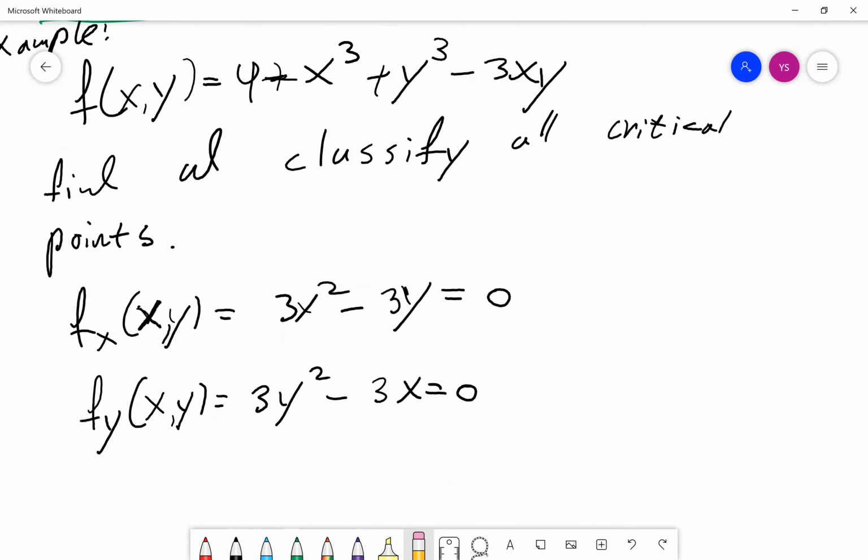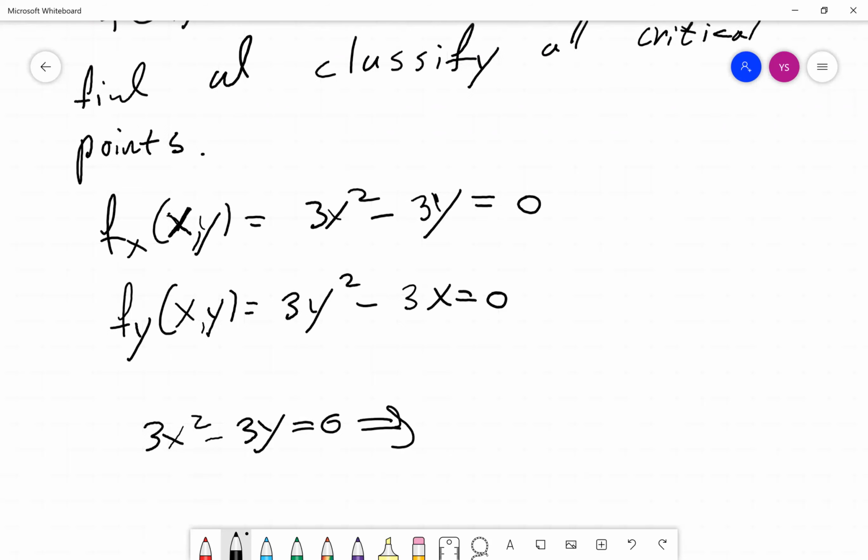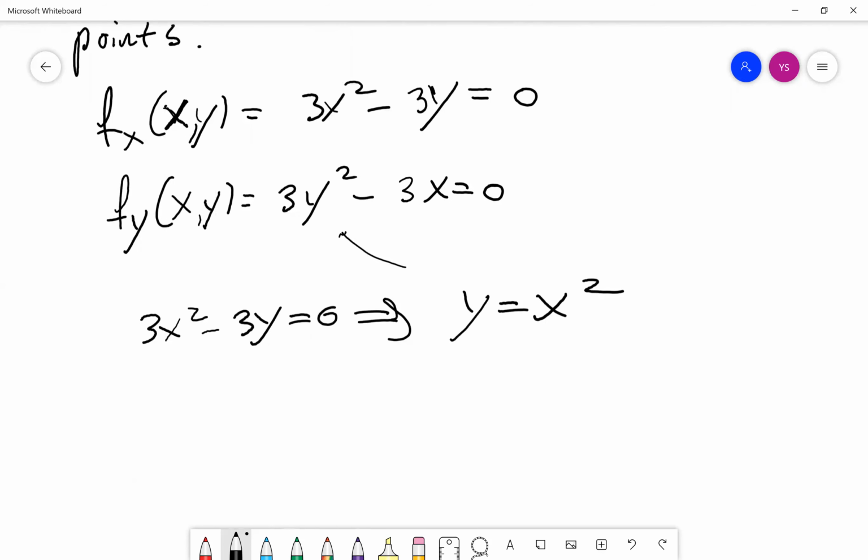Okay, so the first equation, 3x squared minus 3y is equal to 0. Well, this implies that y is equal to x squared. Okay. Now, if y is equal to x squared, we can plug that into our second equation and get 3 times x squared squared minus 3x is equal to 0.